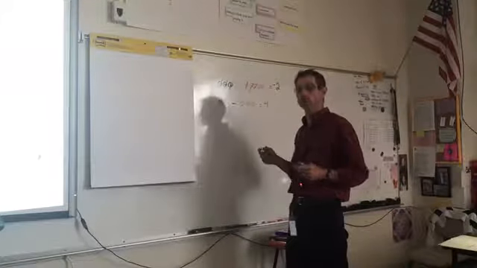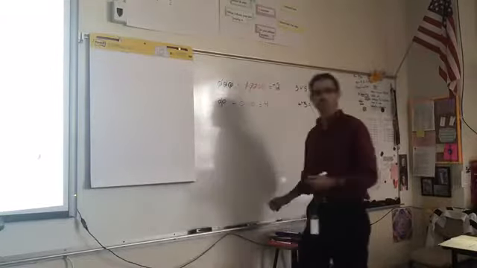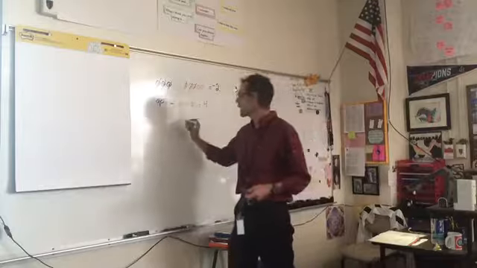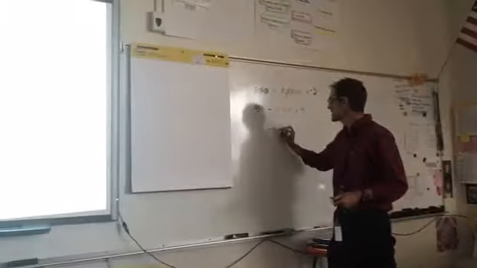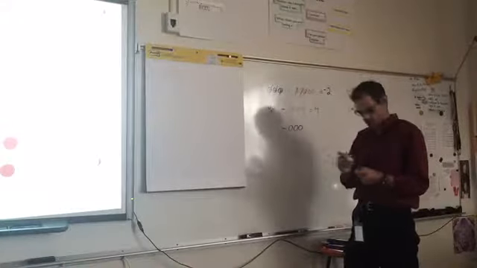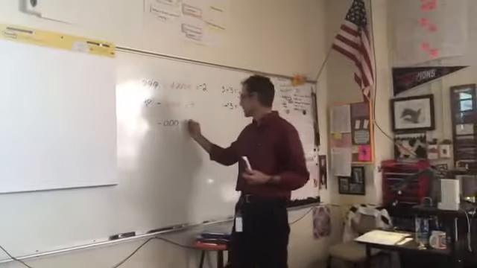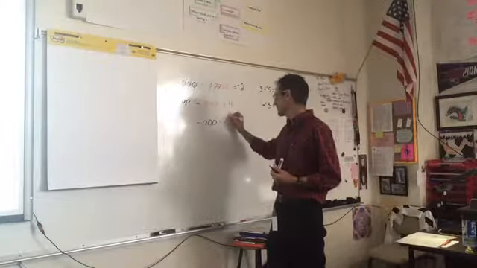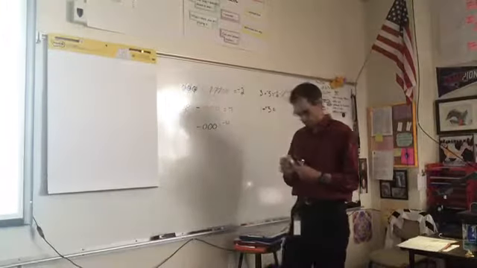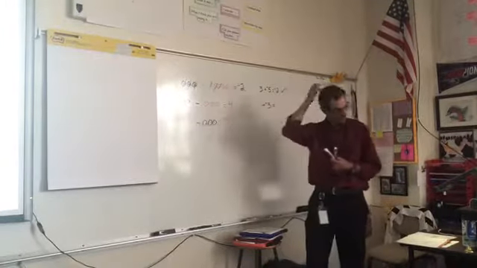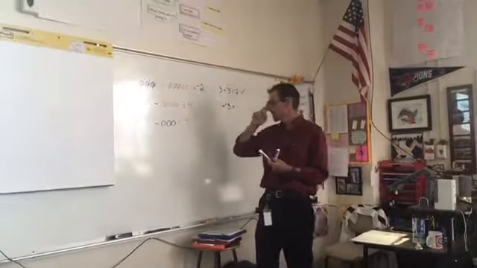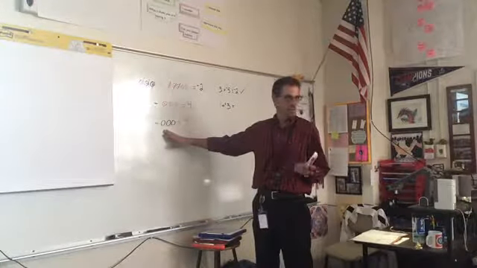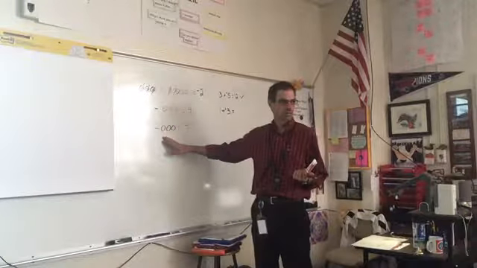Equals negative 4. Okay, so let's look up here. This is a tricky problem. I have 3 positives and I'm subtracting 3 positives, and it's going to equal a negative 4. Subtracting 3 positives, we move to the left, right?